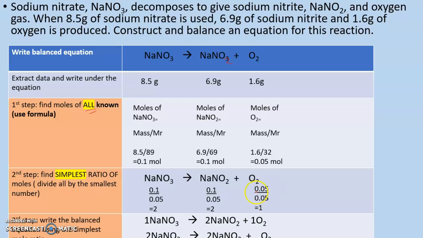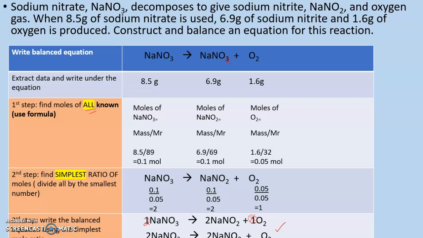As we know, we never write down the number 1. So this should have been 1, but we don't write it down. So your balanced equation, you leave it in that format. This is in a nutshell how you balance an equation if the data is given to you. You are given the masses, you've got to balance.